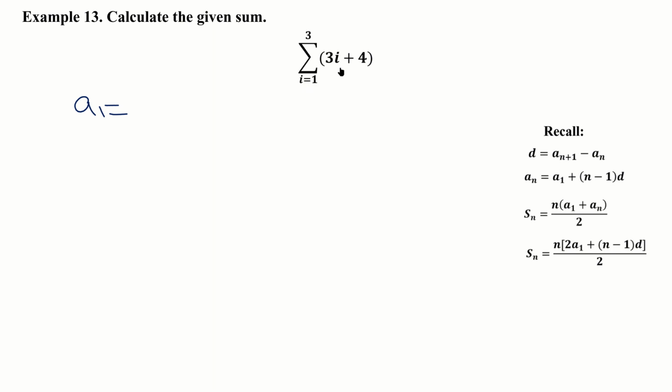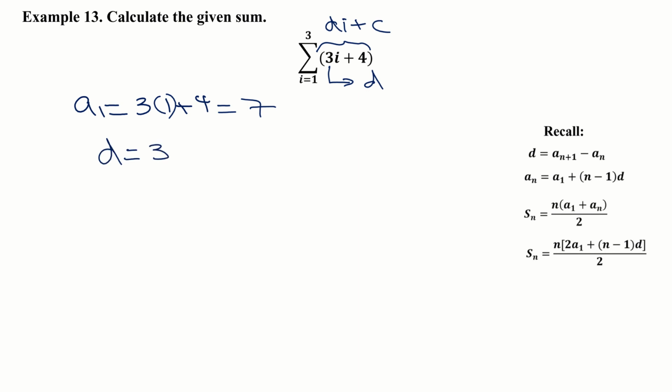So we get 3 times 1 plus 4, so we end up with 7. And remember, this is of the form di plus c, and we decided that this would be the common difference, right? So d is going to be 3.